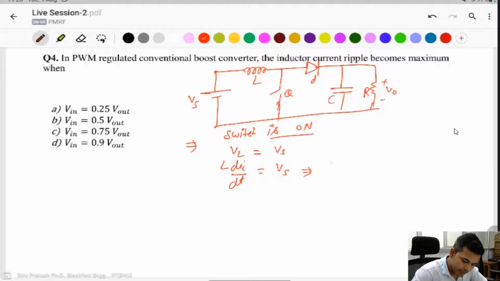Thus you apply here L dIL is equal to VS into dt. Same as you integrate, like in the continuous conduction mode. If it is not given whether the boost converter is continuous or discontinuous, then you take it as continuous conduction. Then IL will change from I minimum to I maximum.